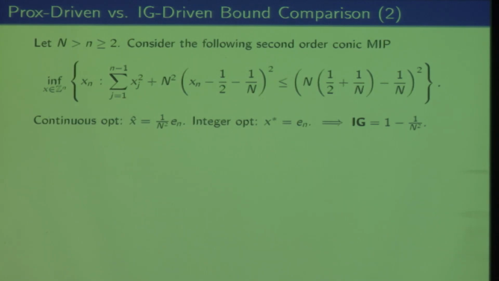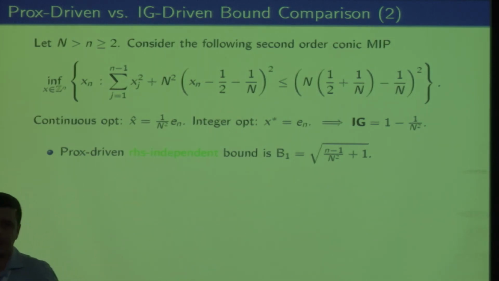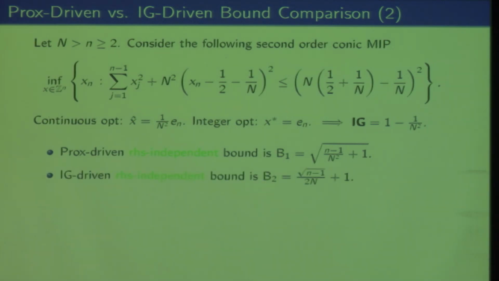And then you can again solve the continuous relaxation and the integer problem explicitly. And the right-hand side independent bound for the proximity-driven approach is unchanged, which should be the case because it doesn't depend on the right-hand side, right? But for the integrality gap-driven approach, now the regime is different. Therefore, the bound that you get is different.